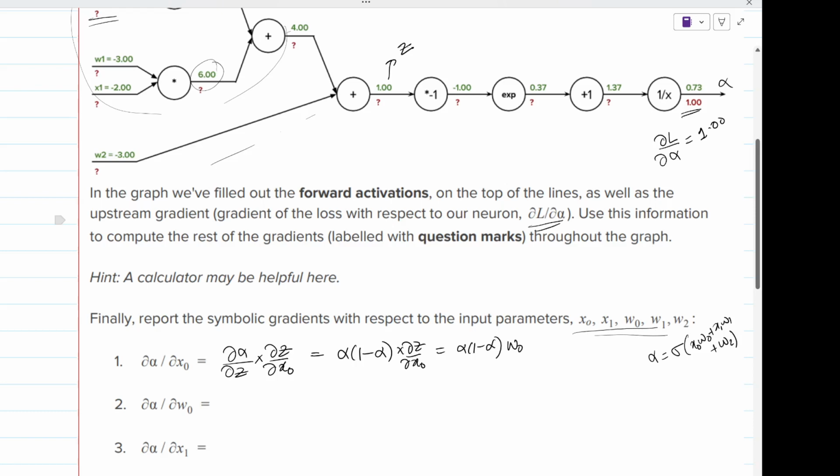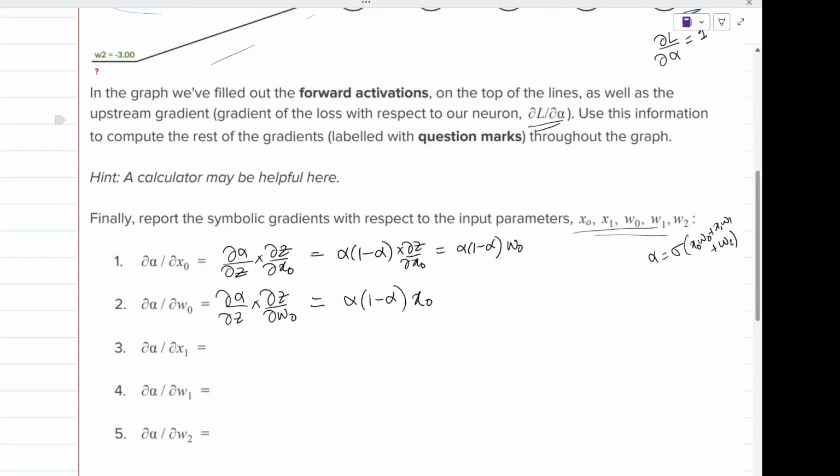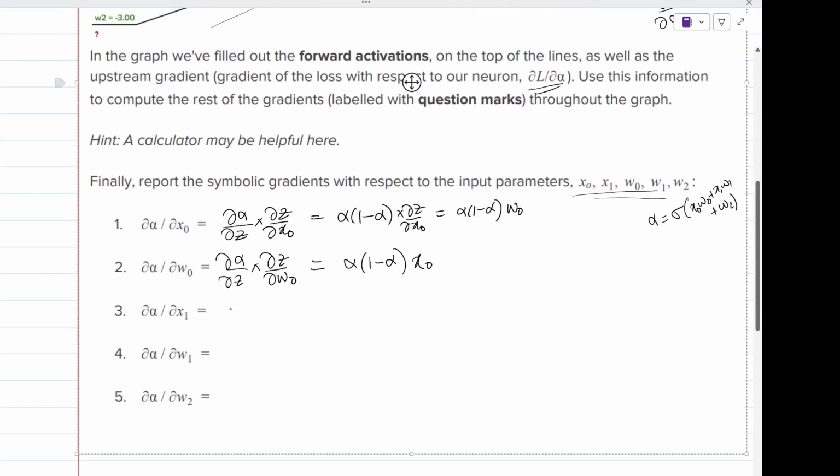Del alpha by del w naught will be del alpha by del z into del z by del w naught. So we'll get the same terms, but del z by del w naught will be x naught, and x naught and x1 are kind of replaceable.